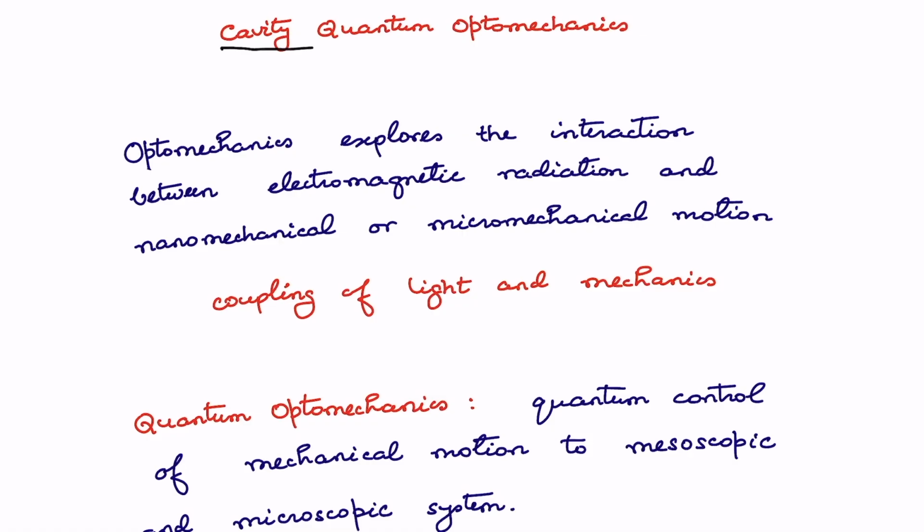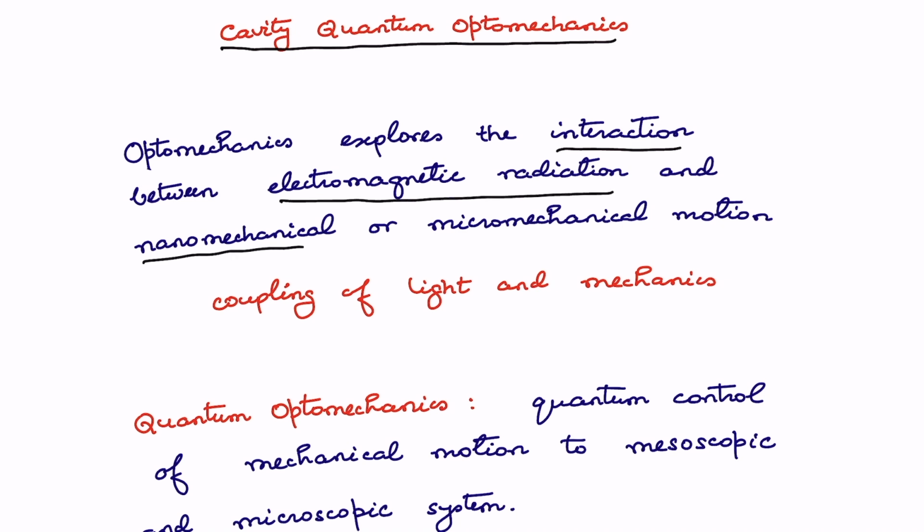So let's begin. Cavity quantum optomechanics studies the interaction between light and mechanical objects using quantum optics tools. Optomechanics explores the interaction between electromagnetic radiation and nanomechanical or micromechanical motion.